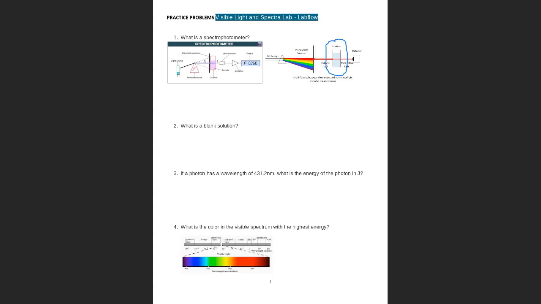The second question is, what is a blank solution? Well, it's a sample that contains everything except the analyte of interest. The blank is just the solvent. It's a sample of just the solvent. Why do we need a blank if we are measuring the absorbance of a red dye? Because the spectrophotometer needs to be calibrated against a blank solution.